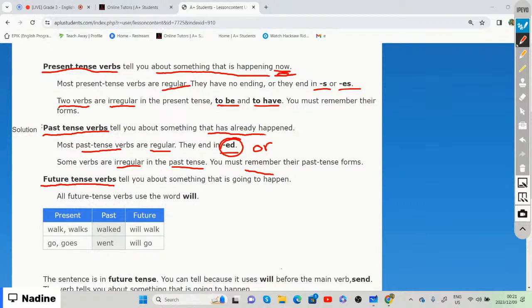So when it comes to verbs and actions in the future tense, it can be tonight, tomorrow, next week, next month, or next year, but it is in the future. It tells you about something that is going to happen.